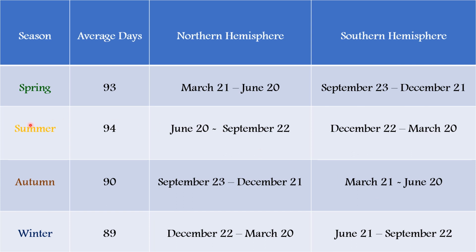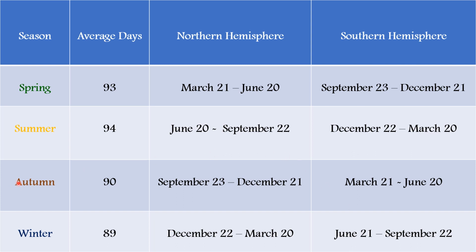When we are experiencing summer in the northern hemisphere, the southern hemisphere is experiencing winter, and that is the reason why when they had the Rio de Janeiro games back in Brazil in 2016, it was bitterly cold.